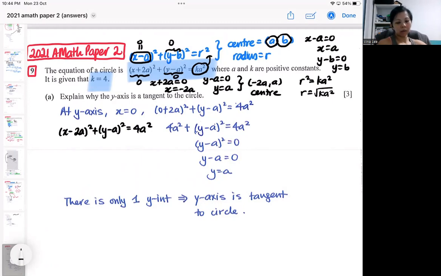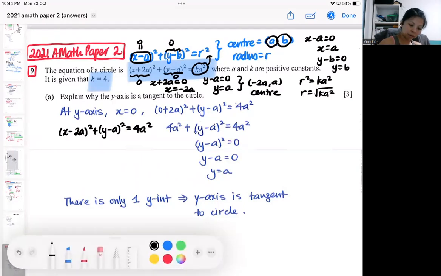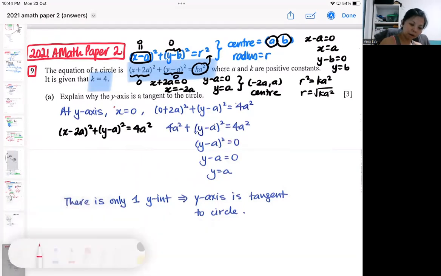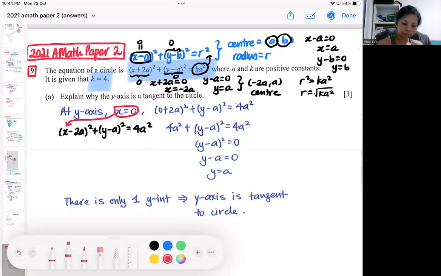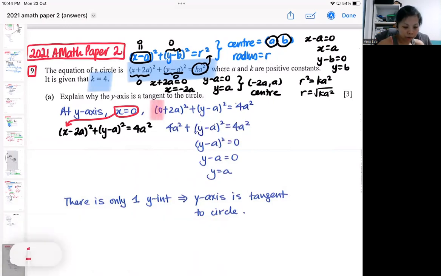Then your job is to explain why the y-axis is a tangent to the circle. The concept behind the y-axis is that it is always x equal to 0. So you should execute the concept of the y-axis and put in x equal to 0. When you put in x equal to 0, exactly what I'm doing here, what do you hope to achieve?